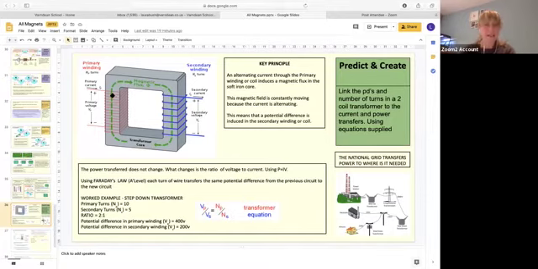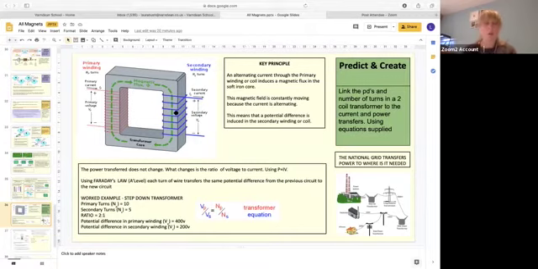So in here, if I had, say, 10 turns, 10 coils, 1, 2, 3, 4, 5, 6, 7, 8, 9, 10, all the way down here, and then I had 5 here, where n equals number of turns, of the primary one here, NP, that equals 10. The number of turns, the number of coils that I have in my secondary one equals 5. So my ratio is 2 to 1. I've got twice as many here as I have here.